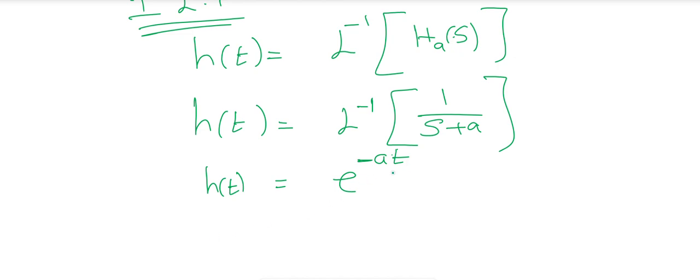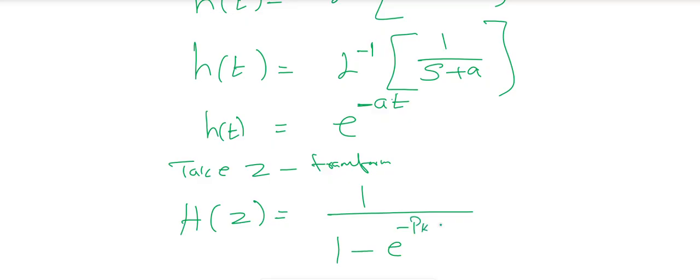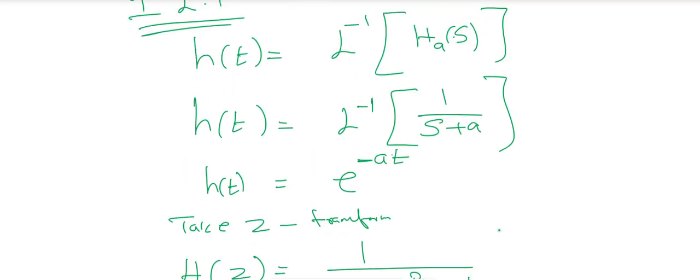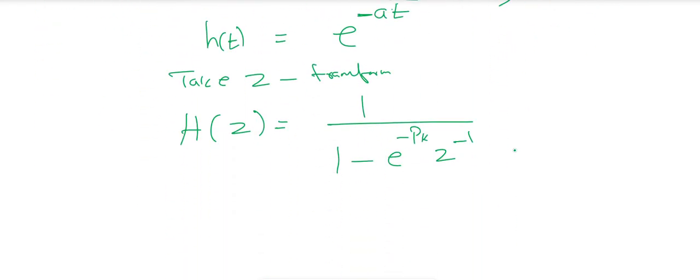Take the z transform of this function, where a is the pole. How to take the z transform? Sampling. So that is H of z. The formula is 1 by 1 minus e power minus p k T into z power minus 1. If the sampling period is not given, we take it as 1.